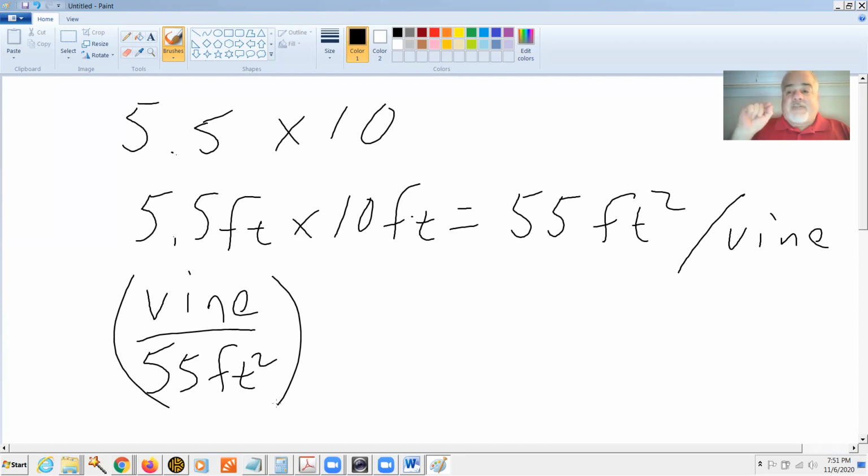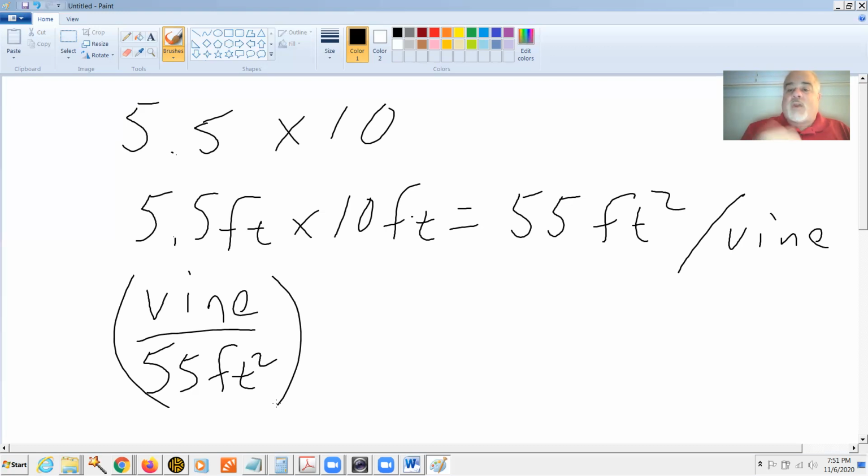And if I have 55 square feet per vine, each vine occupies 55 square feet. It doesn't matter which is on top, except when it's time to answer the question. You got to go, what question is being asked? What do I need in the top?